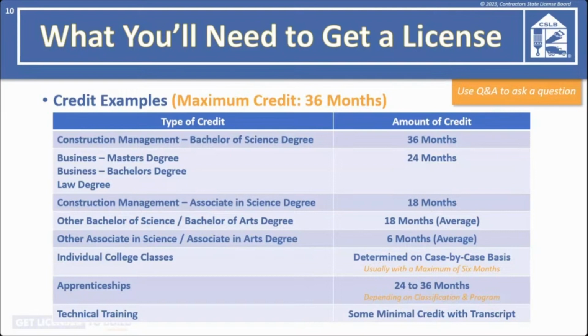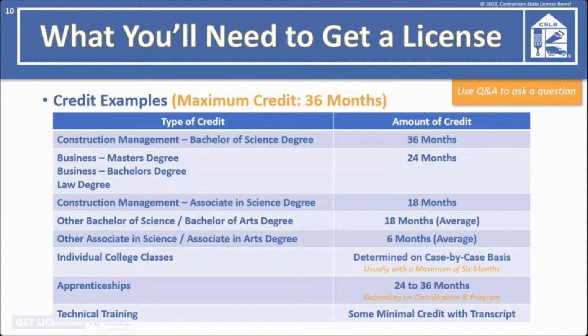Apprenticeship completion certificates will get you 24 to 36 months, depending on the classification of the program. For example, a sheet metal worker apprenticeship gets you 24 months of credit for the C20 HVAC and C43 sheet metal classifications only.